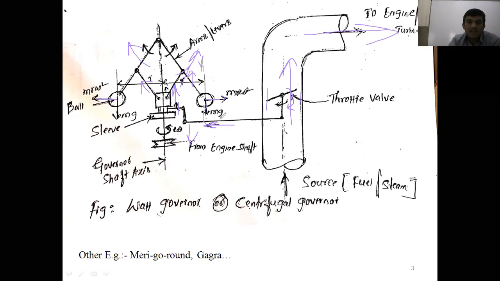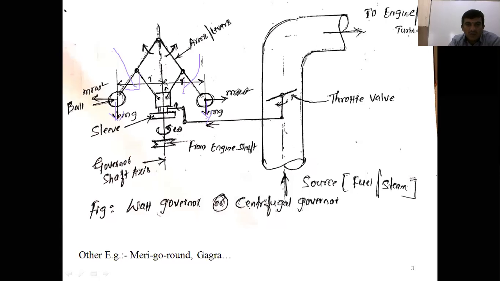Once the governor shaft rotates at less speed, what happens? Due to the weight of the governor balls, mg acts vertically downward on both sides. The lever moves and the upper arms move radially downward, or radially inward.